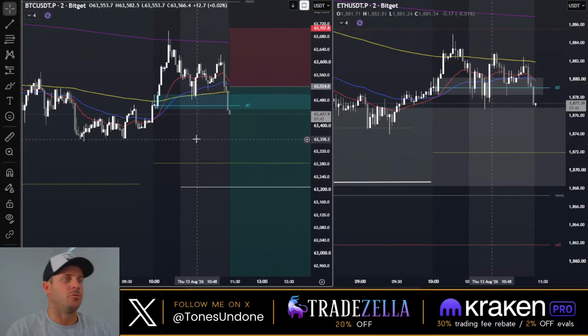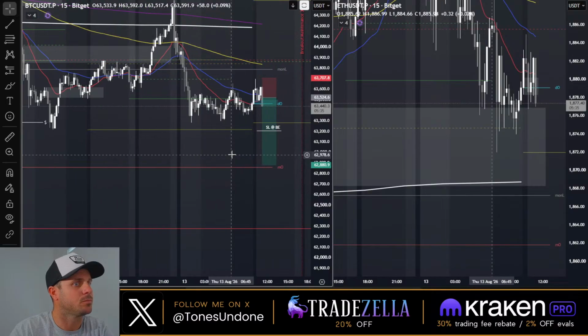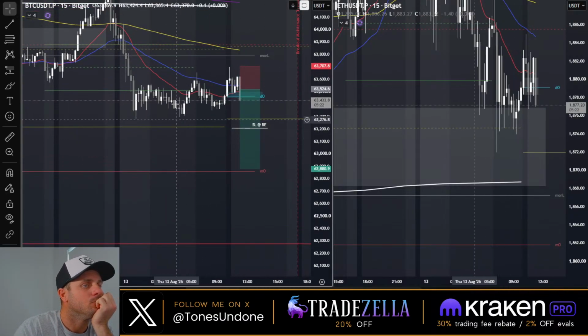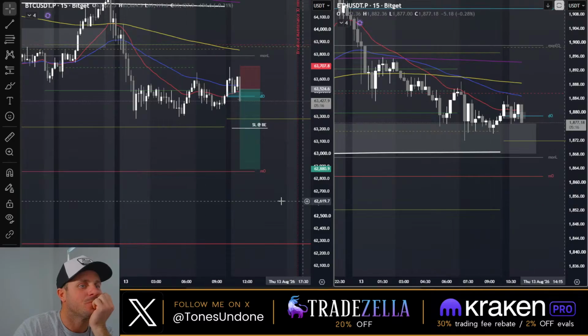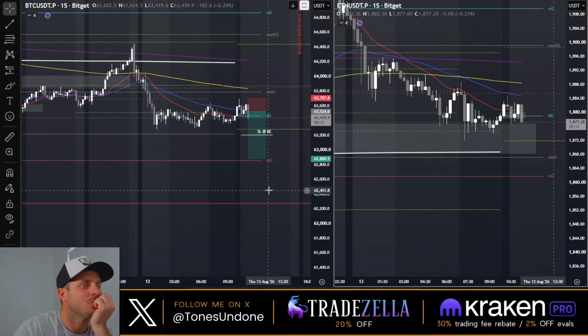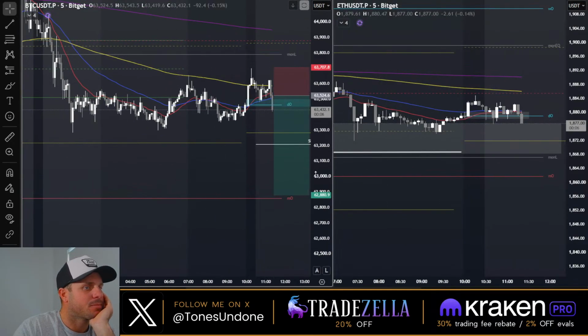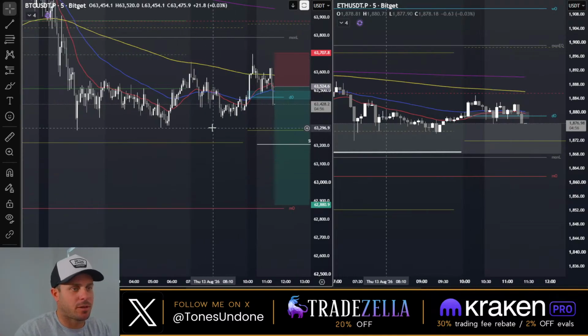Let's see if we get some retest. Maybe we'll just shoot down. Good read of the market. Experience pattern wise, I've seen those patterns so many times.